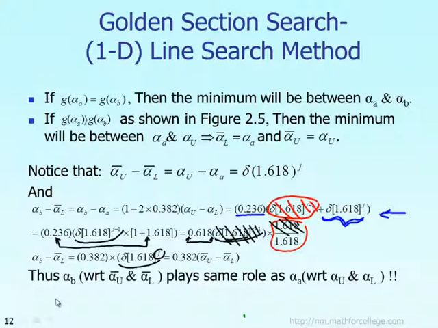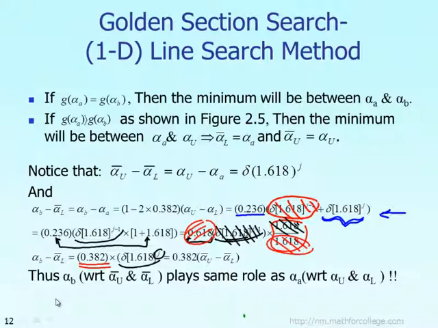And what else? The next thing I get will be 0.618, which is this red term right here, divided by 1.618, which is that red term over there. When I take that ratio, it will be exactly equal to 0.382.